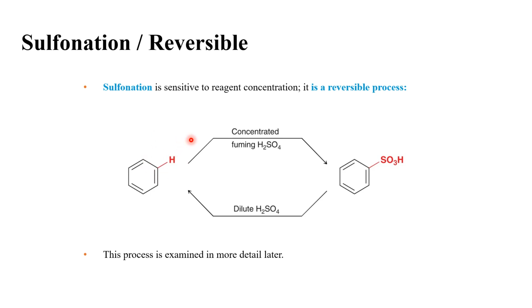And we don't really need to discuss the mechanism for that. Just know that this is a reversible process. We could get into the mechanism, it's not that bad, but for the sake of time, I'm not going to worry about that. And you don't need to worry about it for any standardized exams like the ACS, MCAT, or DAT. You just need to know that this is a reversible reaction.